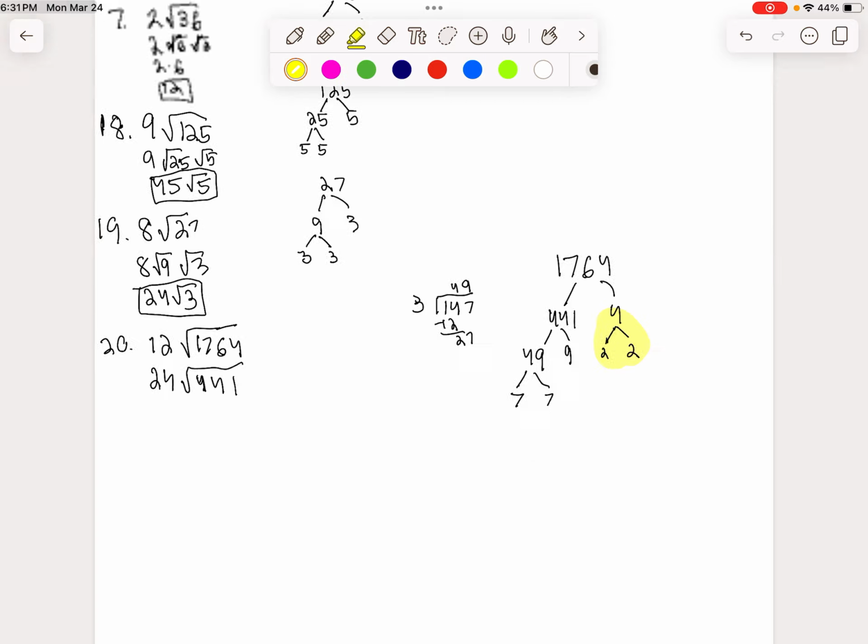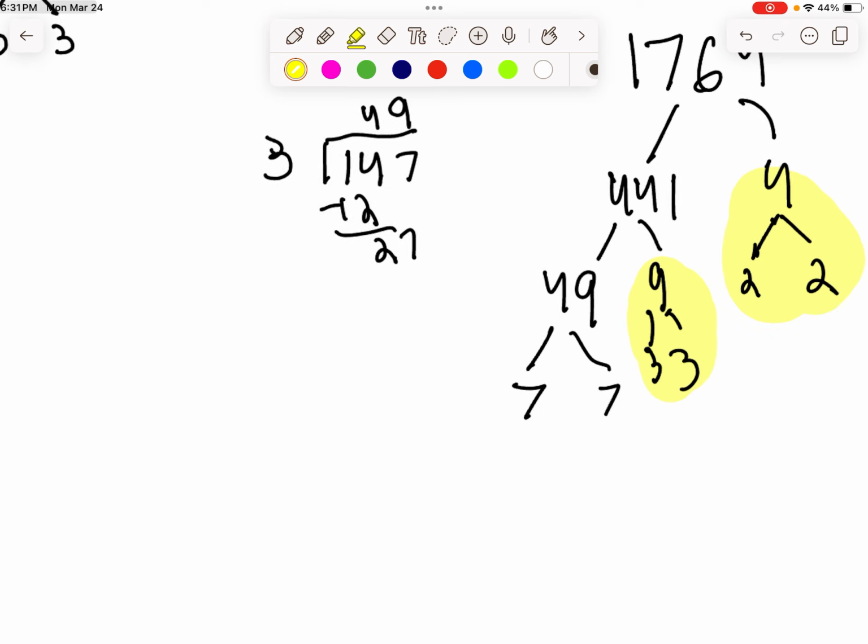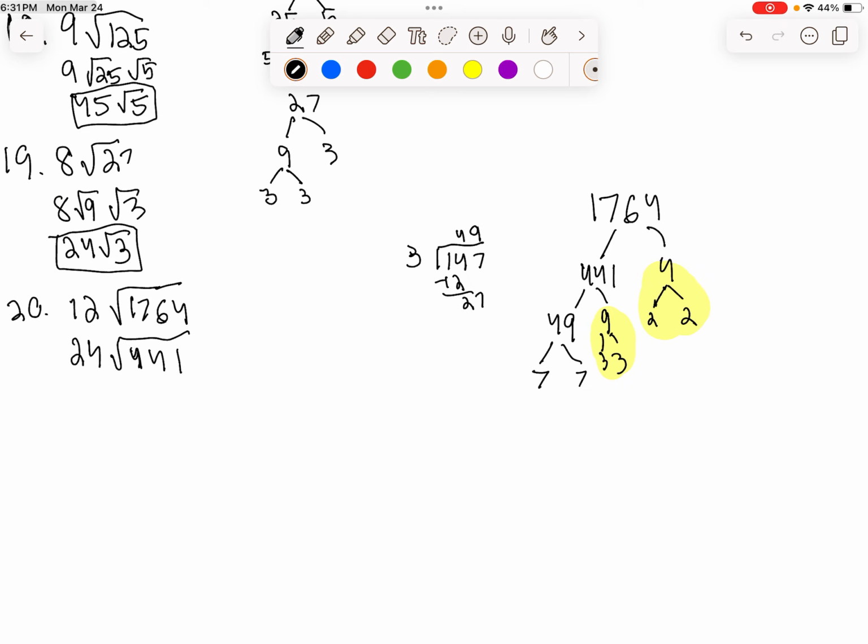So, going back to this, we have 24 times this 9, or should I say this 3. So 24 times 3 is 72 times the square root of 49.